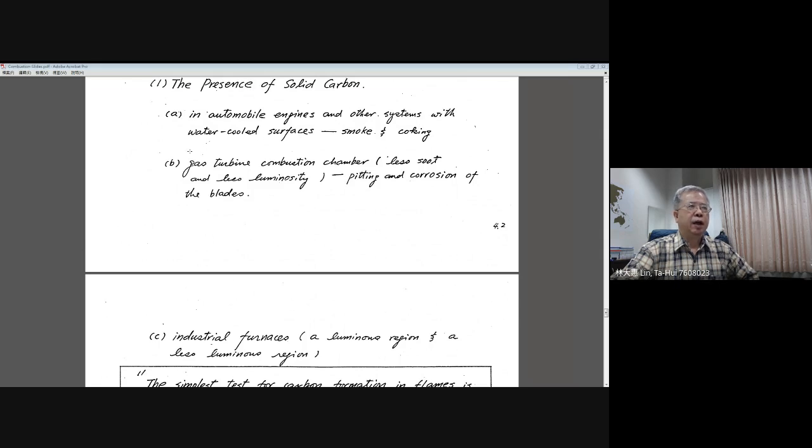Okay, I mention here especially the automobile engines, because for diesel engines or gasoline engines, both of them use a small size, and since the combustion heat release is pretty high, they can push the piston moving and generate the power.